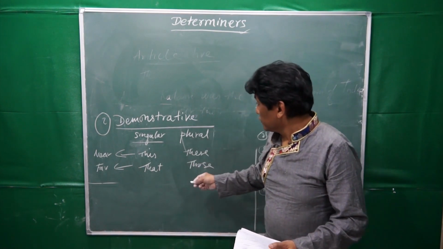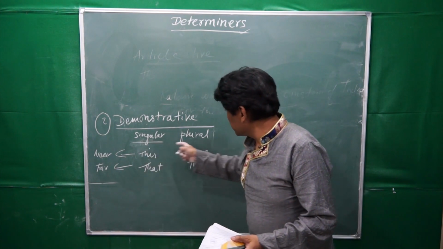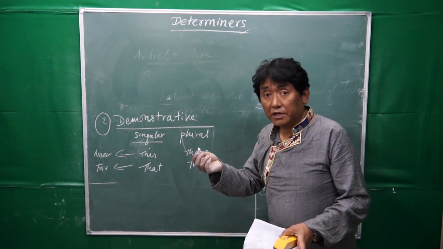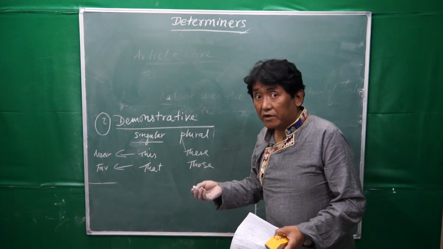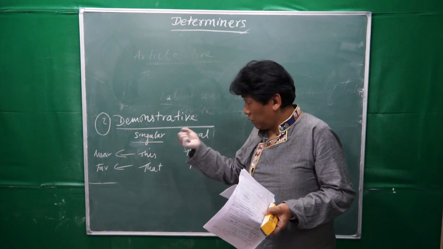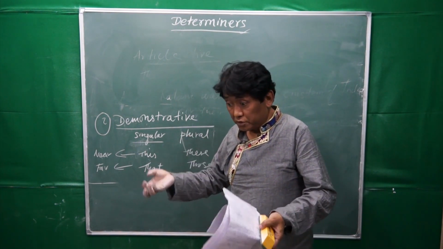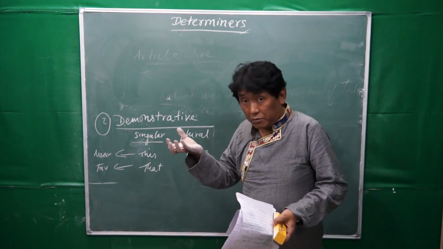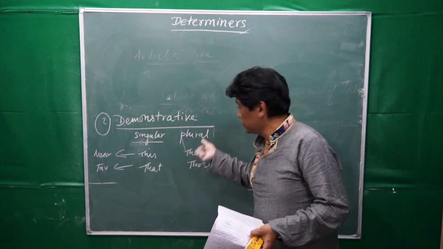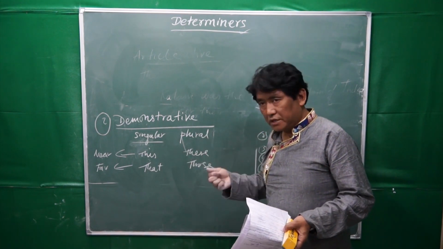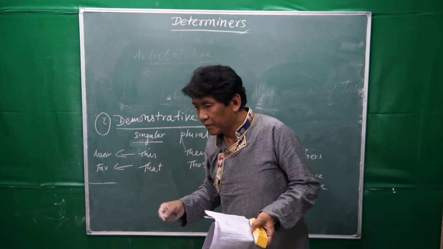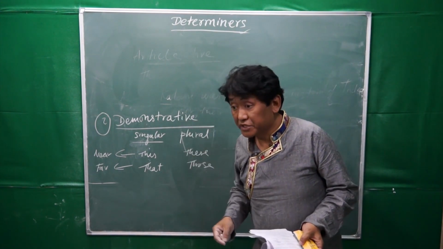Now, there are singular and plural here also. If I have one chalk only, I'll say this chalk. If I have more chalks near me, these are all in relation to the position of your body, near me, there are many chalks, and I say these chalks. Near me, plural. And if I can see some bricks there, I say those bricks.